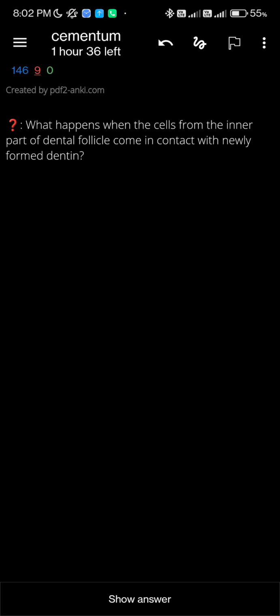Dental follicle cells are infiltrating cells which differentiate to cementoblasts under the inductive influence of dentin or Hertwig's epithelial root sheath.